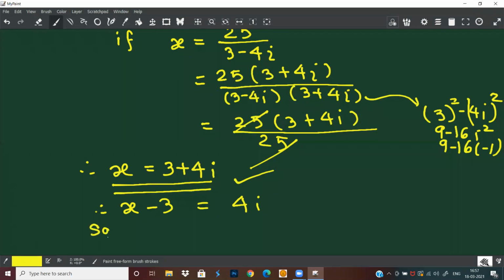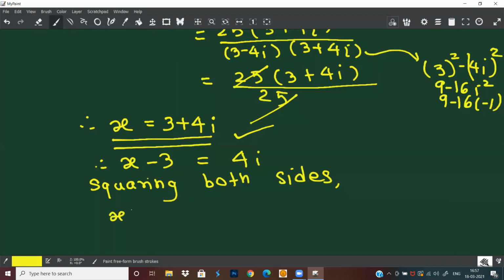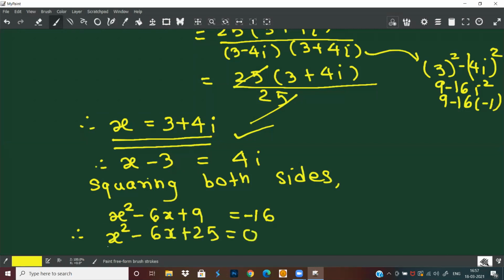Now you do squaring on both sides. You have x square minus 6x plus 9, and 4 square I'll write directly, 16. i square is negative 1. So you get x square minus 6x plus 25 is equal to 0.